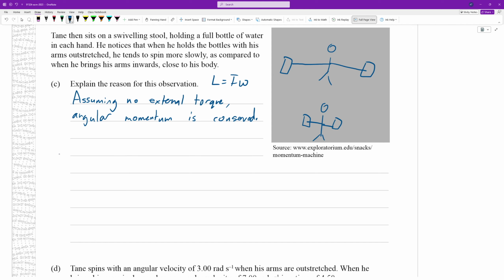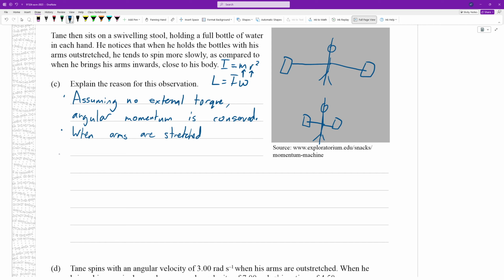So let's consider the two positions, right? Arms are out or arms are in. So when arms are stretched, how is his rotational inertia affected? So recall, inertia depends on how mass is distributed from the center of rotation. So for Tane, his center of rotation would be in line with his body.